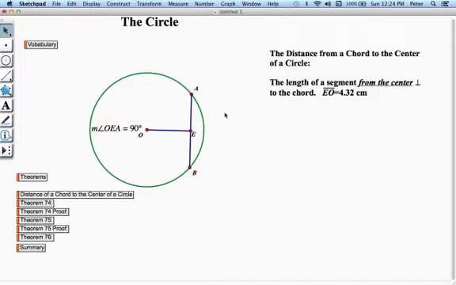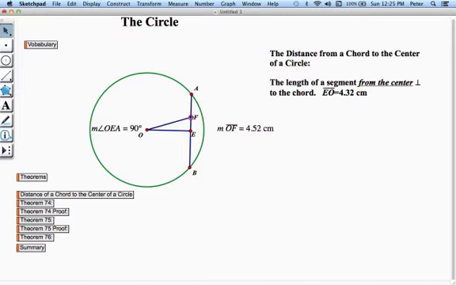And that's got to be the way it is. Because let's take a look at another example. Suppose we had another segment drawn from O to AB but not perpendicular, like this segment here. This segment is OF. Notice that as I manipulate point F, the length of the segment OF changes.